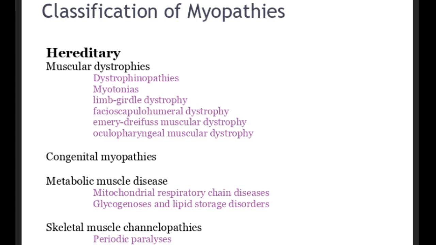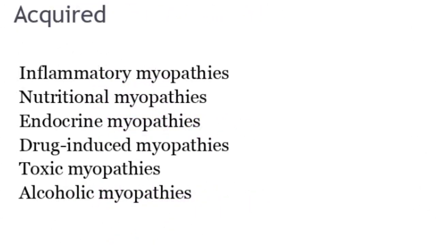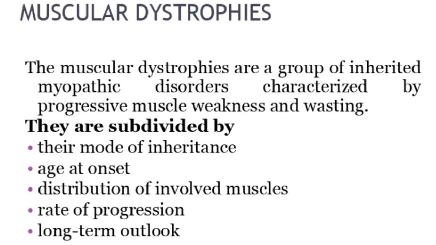And the most important is the skeletal muscle channelopathies, which is called periodic paralysis. The other class of myopathies is the acquired, which includes inflammatory myopathies, nutritional myopathies, endocrine myopathies, drug-induced myopathies, toxic myopathies, and lastly alcoholic myopathies.